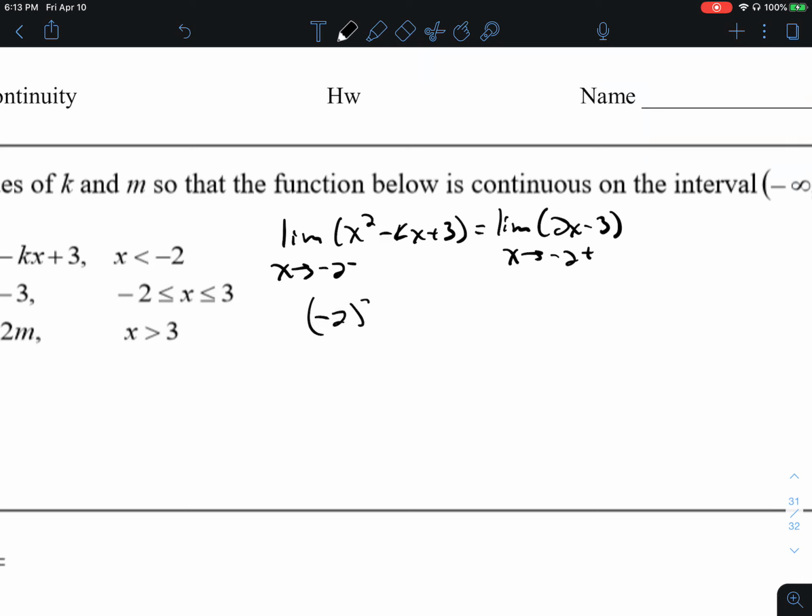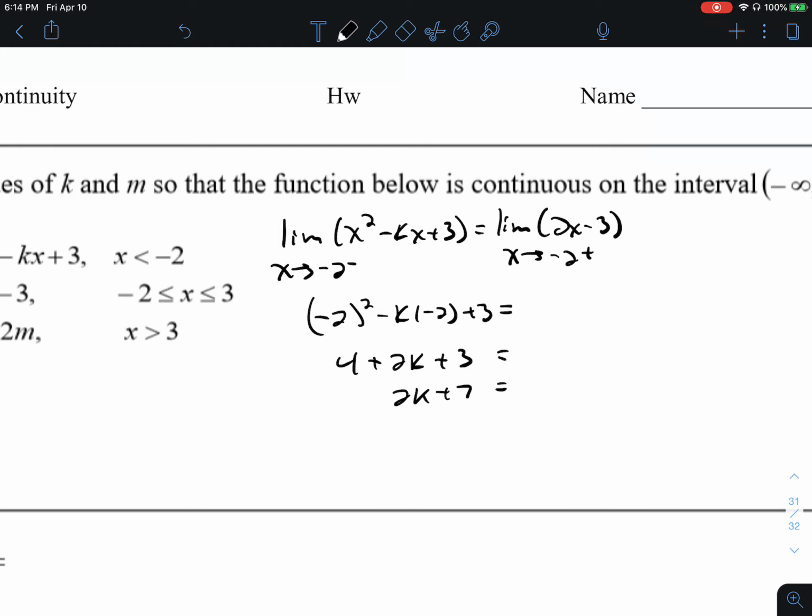So if we substitute in a negative 2 for our x's, we're going to get 4 plus 2k plus 3. We're going to get 2k plus 7 on the left.